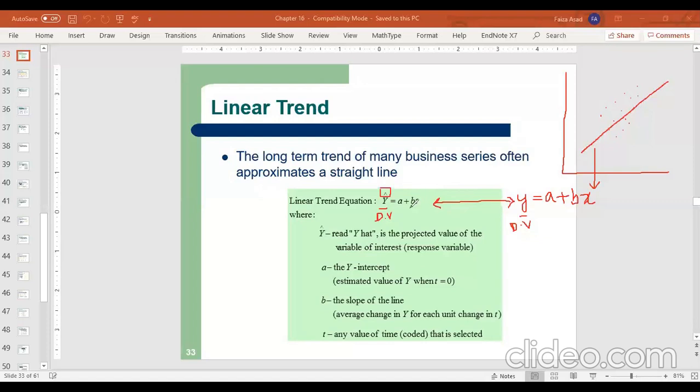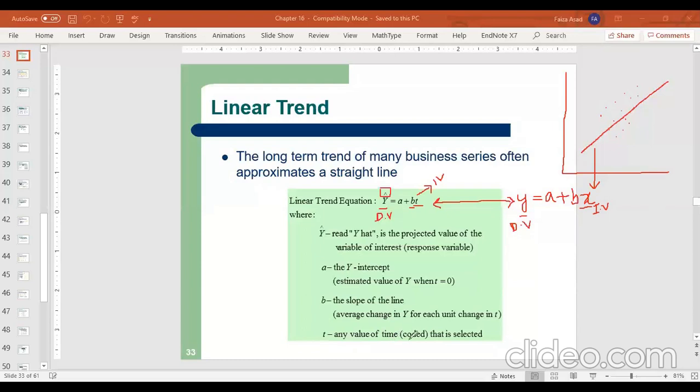So B is the slope of the line, and this t is showing the independent variable. This t is basically showing time as the independent variable, and this x is also showing an independent variable, or it can be any independent variable in a regression equation.